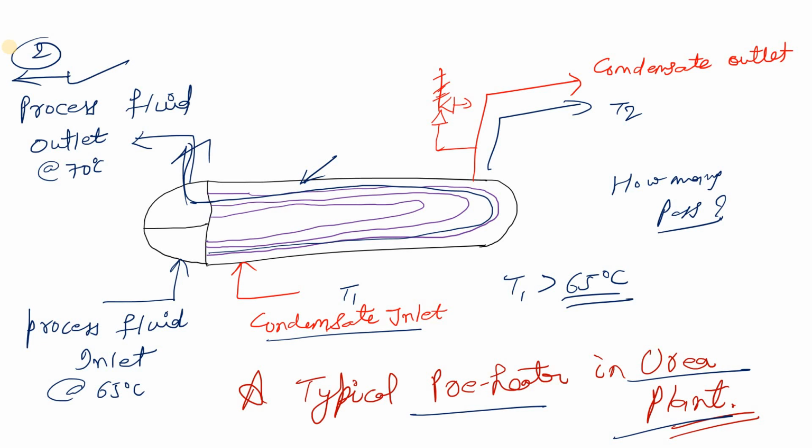So that's how you are preheating your process fluid. I hope you are able to understand. For the safety of this equipment we have used the PSV as well as a rupture disc. I hope you understood a typical preheater, right?